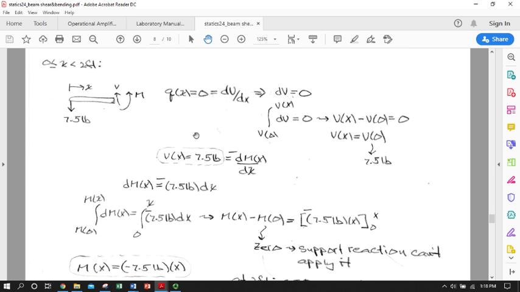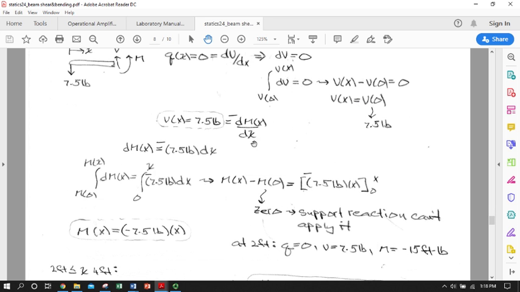So if we take that expression as V sub x equals a constant, we can set it equal to the negative of the first derivative with respect to x of the moment. And we're going to treat it the same way here, so we're going to write it in differential form. So we'll say dM, and we're going to bring the negative sign over to the other side.